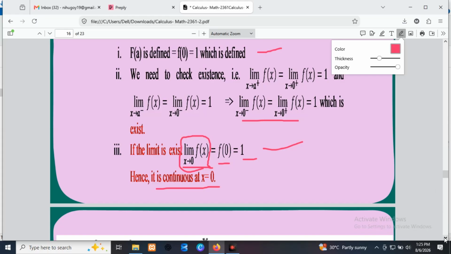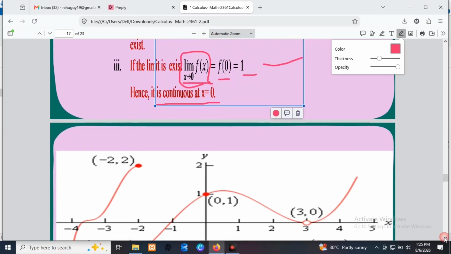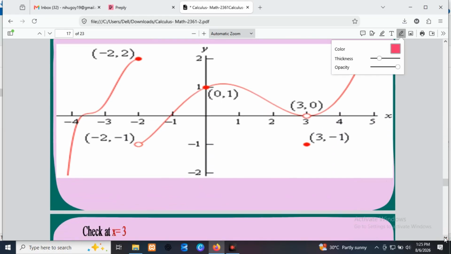Okay. We now check at x equals 3. Please observe carefully. Number 3 is here. But around here on the graph, it has a hole, which goes straight downward, and here is a point again, which is solid.